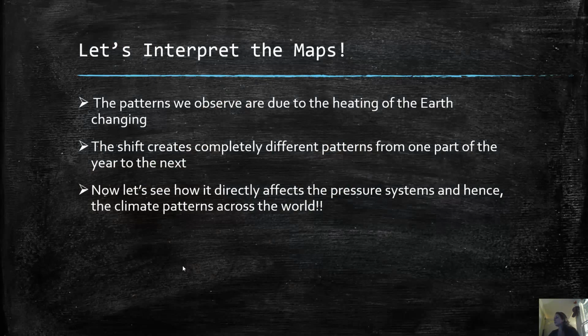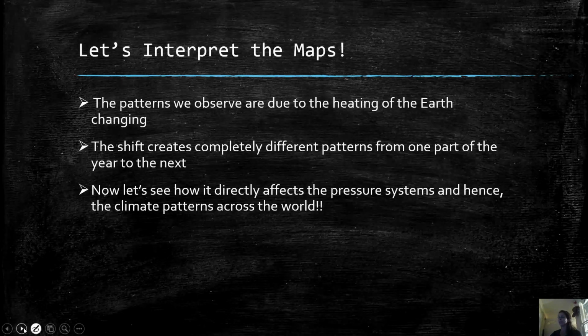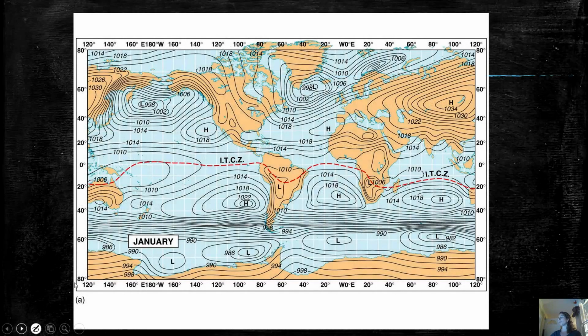So these patterns we've observed are due to the heating differences between the solstices and the equinoxes, shifting the thermal equator, and what we're going to see now, shifting the intertropical convergence zone, which means rain and all the patterns that we see across the earth. We also were able to see the big differences between land and water.